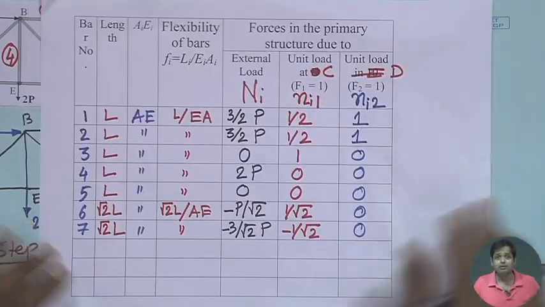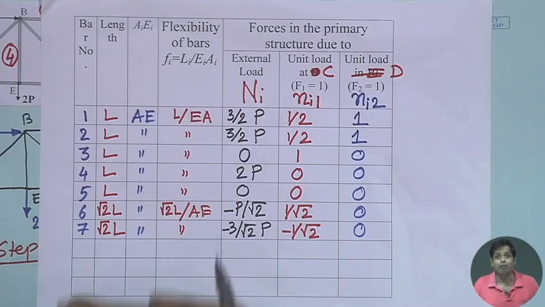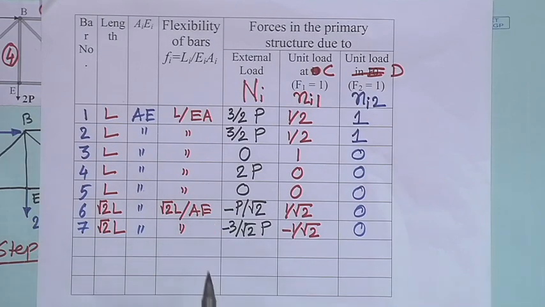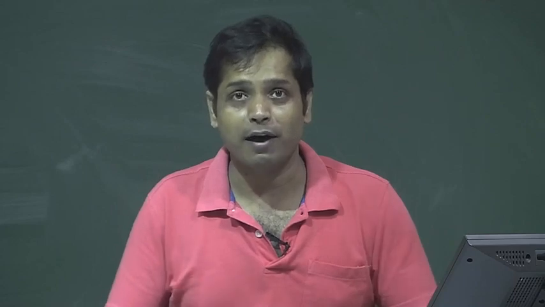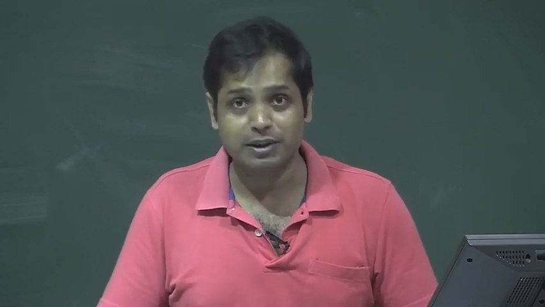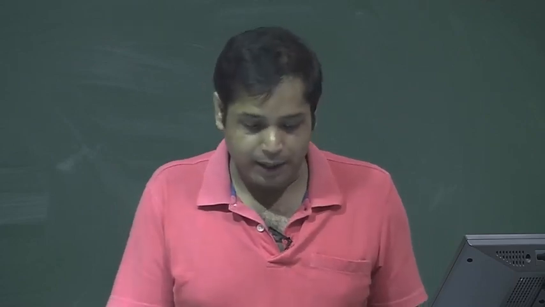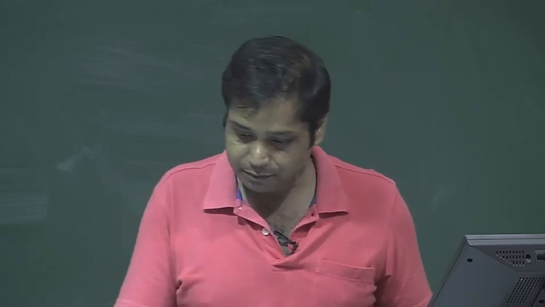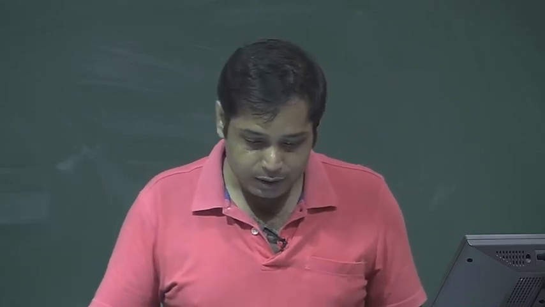Step 5 is to apply the compatibility condition. In order to apply it, we need to find the deformation in those members. What is the compatibility condition in this case?